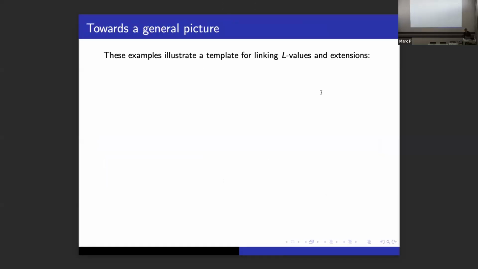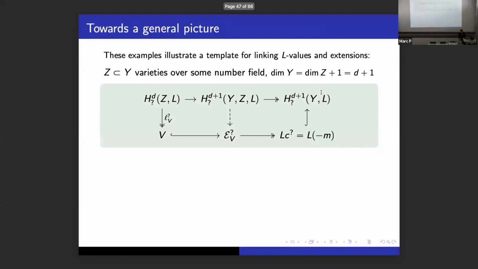All right, both of these examples illustrate a template for linking L values and extensions. And I want to give you some additional examples, including one that has been useful recently. The template is the following.